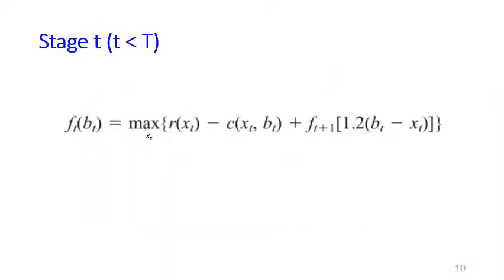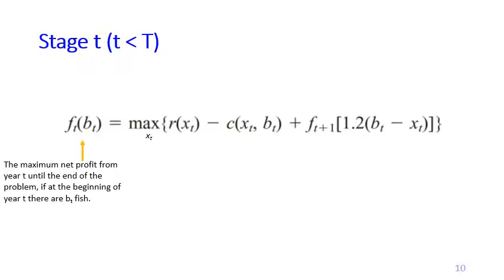Now let's move to the previous years before the big T. So you can see the t is small. So f_t(bt) is the maximum net profit from year t, t is small, until the end of the problem, if at the beginning of year t we have bt fish.